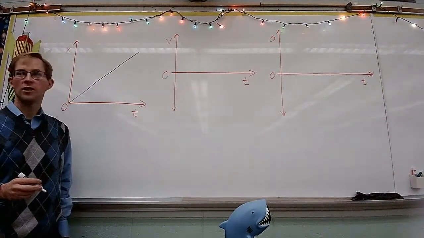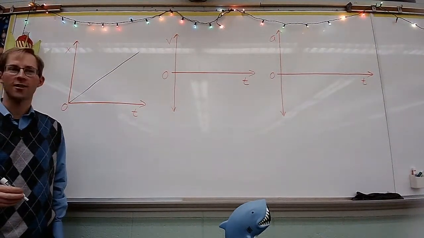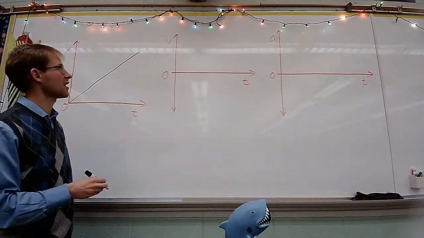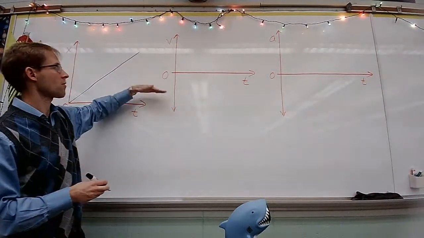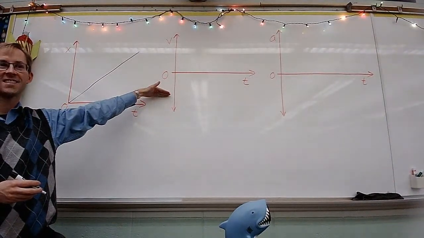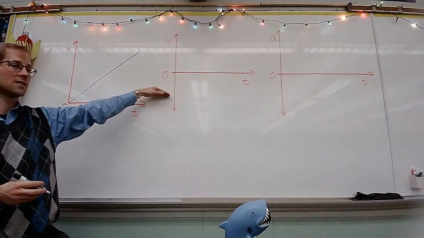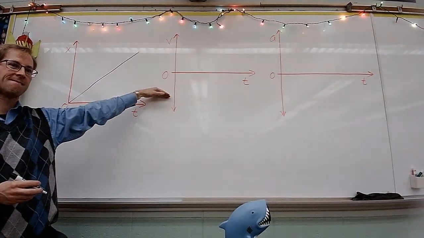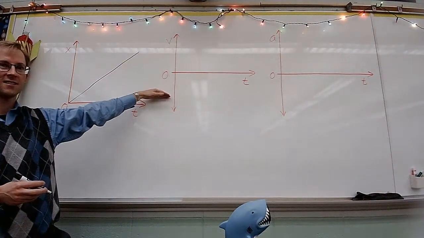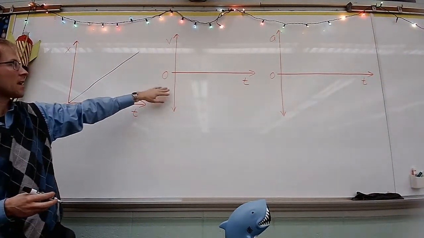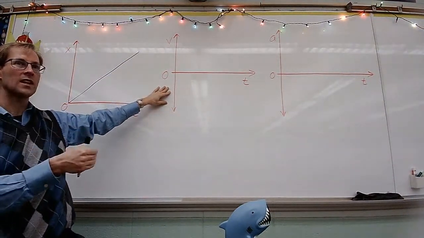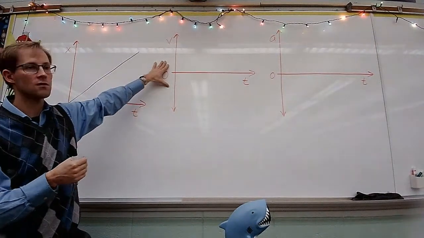Anybody remember what the velocity time graph looks like for this scenario? Exactly. It's a straight horizontal line. And will that horizontal line be up here or down there? One thing to remember when we're making our velocity time graphs is that where we actually begin is not going to affect this graph at all.